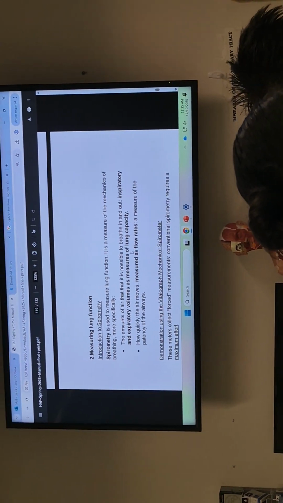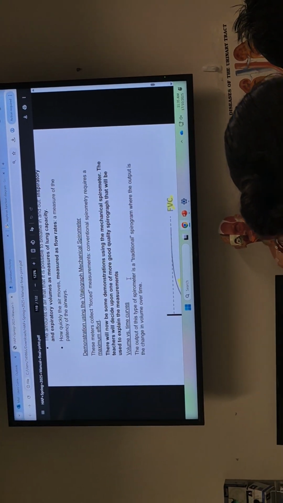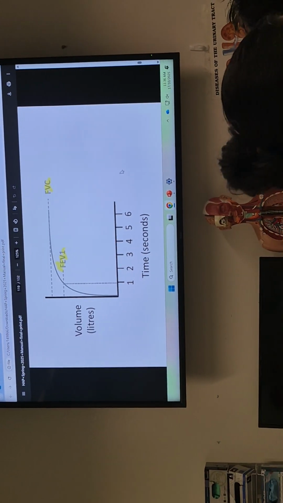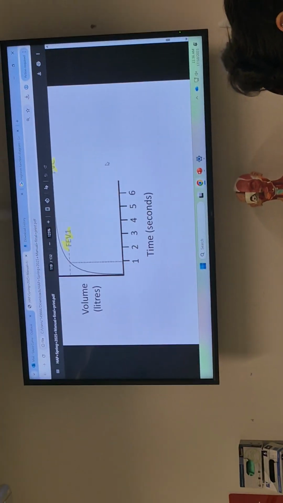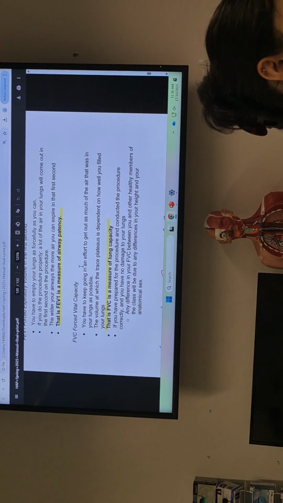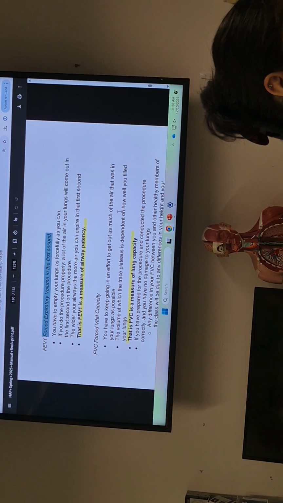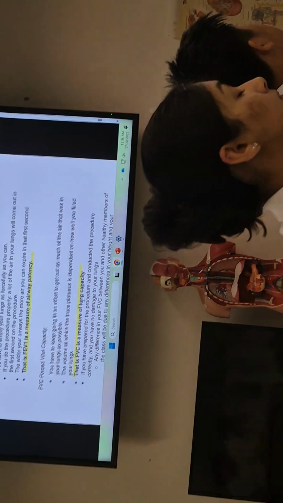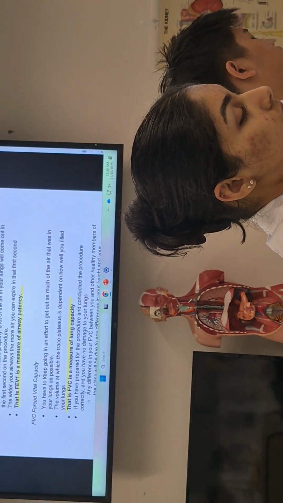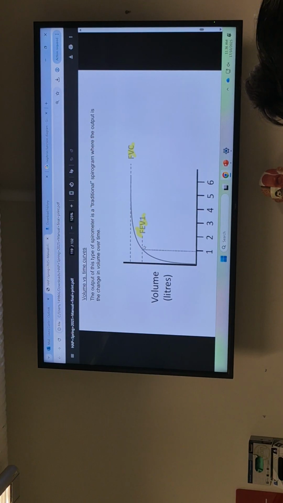Alright, so now we're going to go into the spirometry, which is the last part of respiratory. What you guys should know is this graph. You need to know FEV1 and FVC. When you are answering these questions, I want you to put the full name: forced expiratory volume per second and forced vital capacity. And then what it measures is also important and where you find it on the graph. FEV1, you can see here that it's at 1 second.